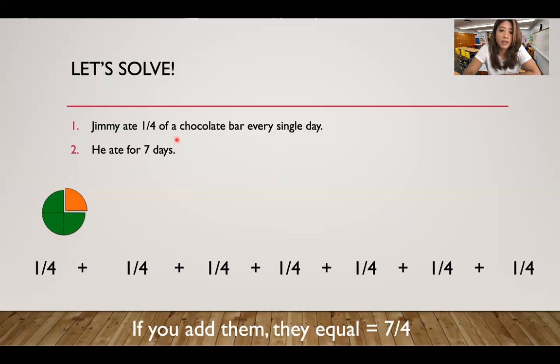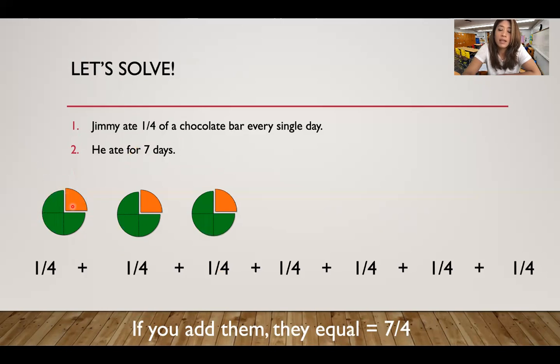So hopefully that explains that. So on day 1, he ate 1/4. That's this orange part. That's how much he ate out of this chocolate bar. So let's pretend that this whole thing is a chocolate bar, and on the first day, he only ate this one piece. On the second day, he ate another 1/4.